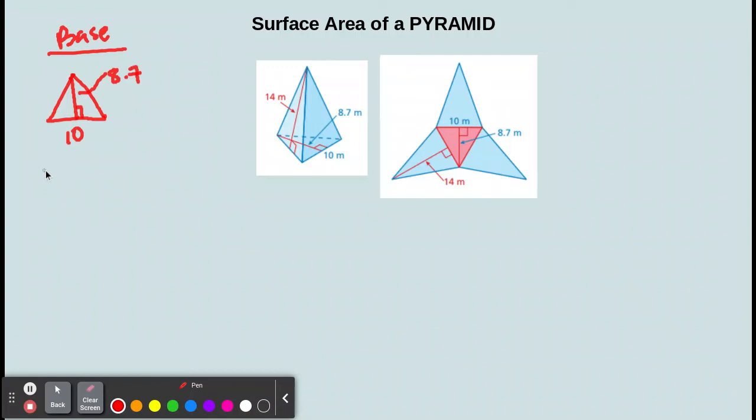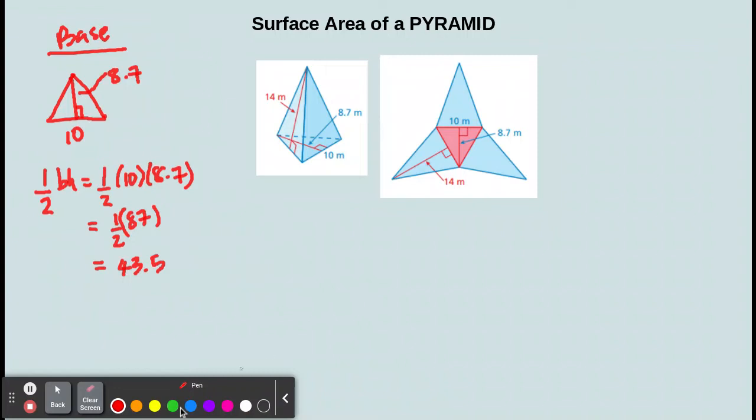Again, area of a triangle is 1/2 base times height, which means 1/2 times 10 times 8.7, so that equals 1/2 of 87, which equals 43.5.